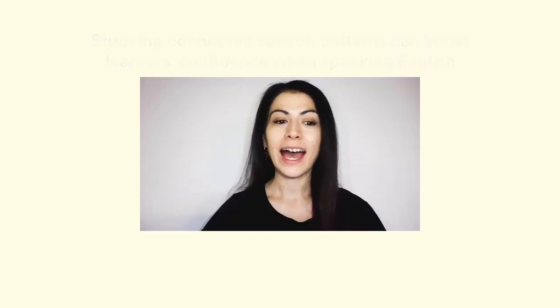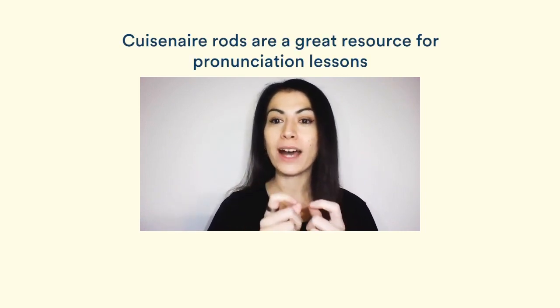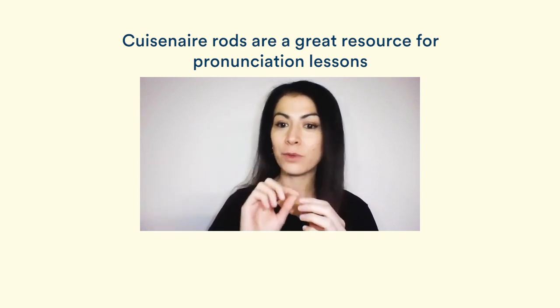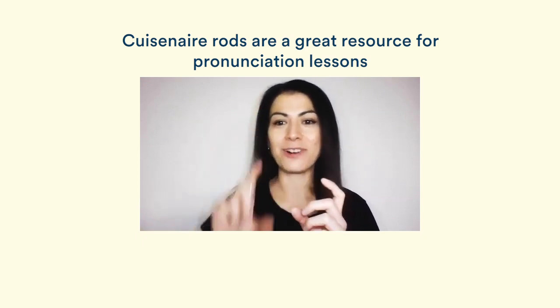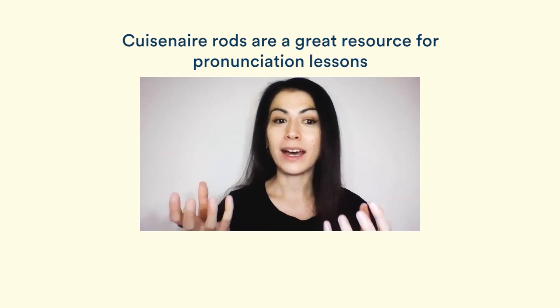Then they can use it when they're listening or when they're speaking. Yeah. And one of my favorite resources to use when I talk about sentence intonation is Cuisenaire rods. I pick up the same Cuisenaire rod for words that are pronounced more or less on the same level in the sentence, and then different ones for the words that we're supposed to stress. It's almost like putting one next to the other to visually represent how the sentence should be uttered.